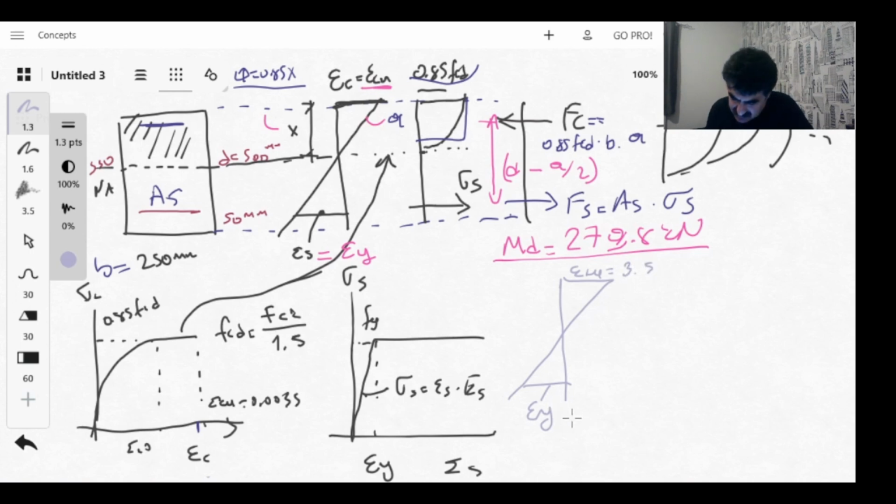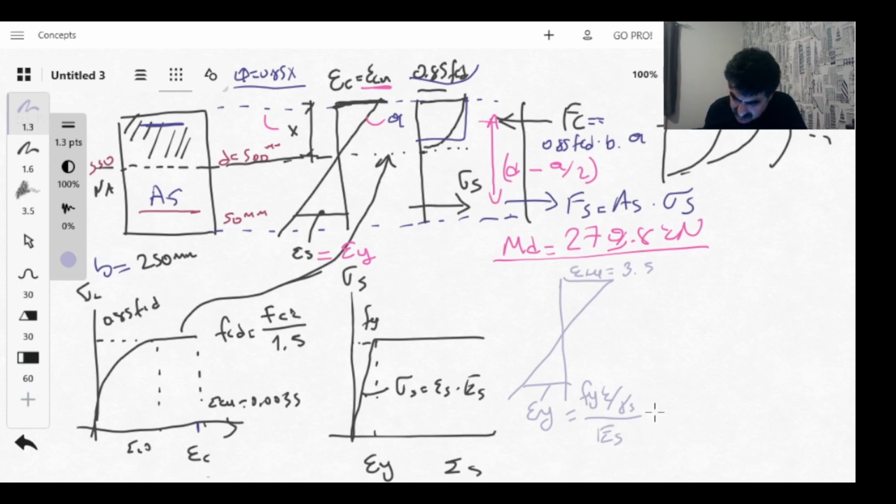And epsilon y I can calculate from fy. What is fy? The characteristic yielding stress for the steel is given as 500. So epsilon y is fyk divided by gamma s, the safety factor, divided by the Young's modulus.